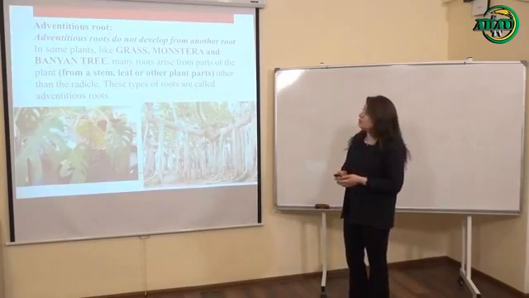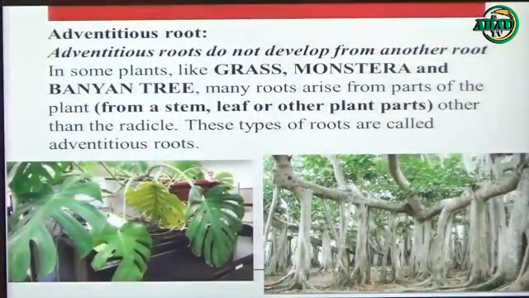Adventitious roots don't develop from another root. That's why they are called adventitious roots, because they develop from other parts of the plant body besides roots. In some plants like grass, monstera or banyan tree, they are good examples of plants which produce adventitious roots.